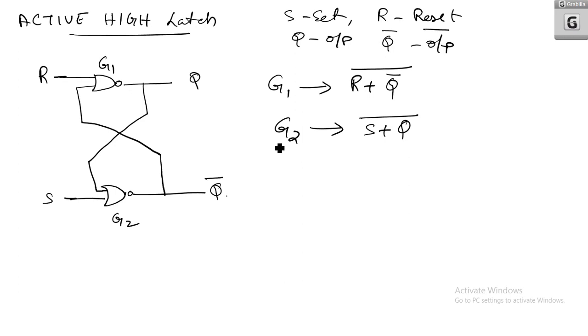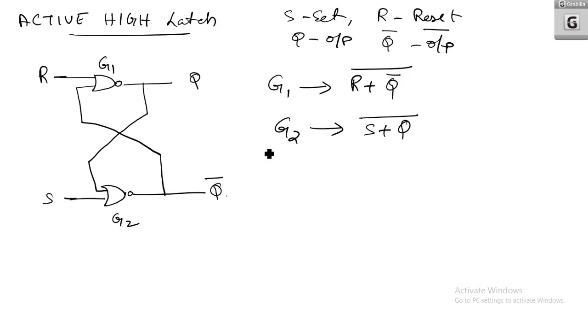Case 1. In the first case, S is equal to 0 and R is equal to 0. What is the output of gate 1?